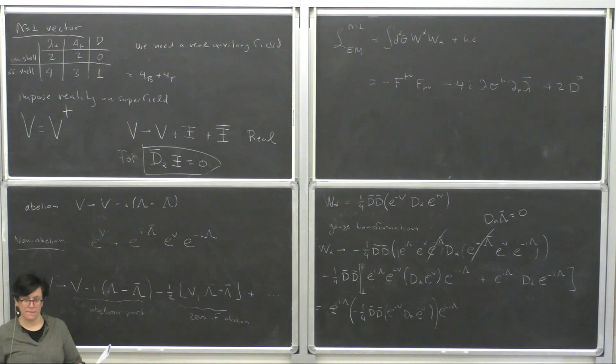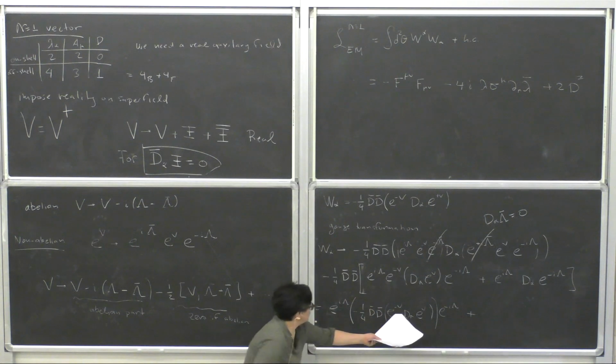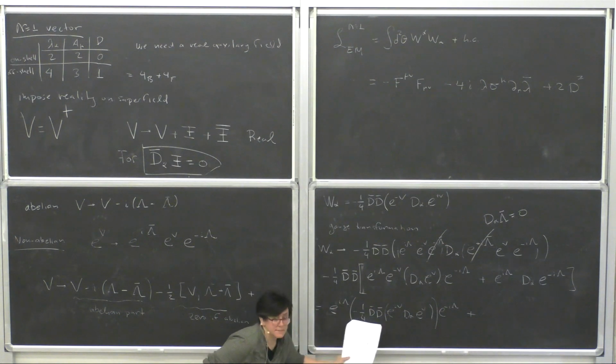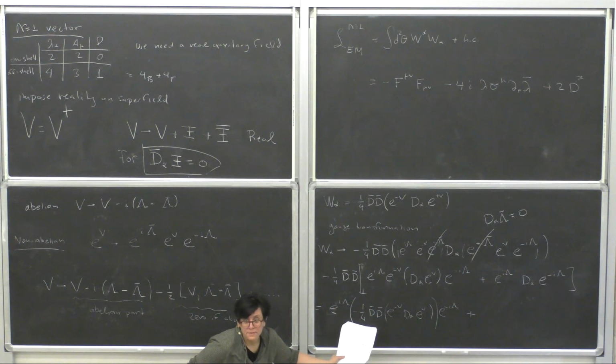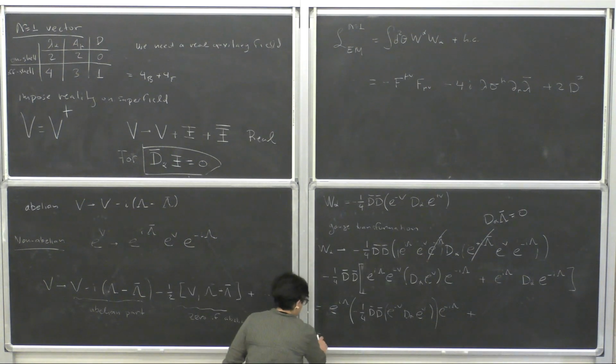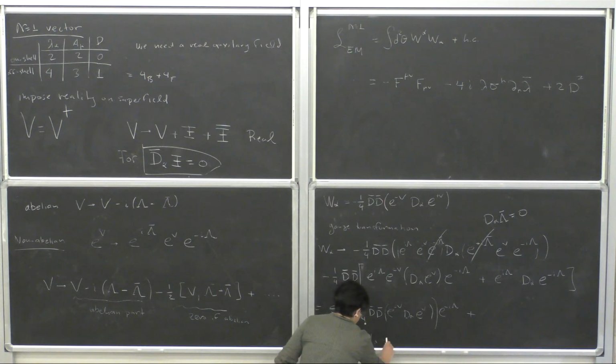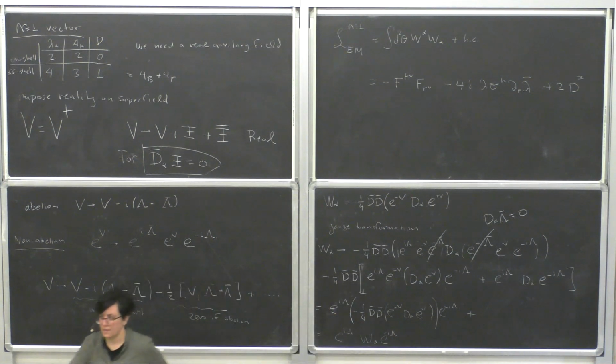Plus, I will say plus. Do you recognize this baby in the parentheses? This is the definition of W alpha. So what I derived here, the first term, is actually precisely a covariant gauge transformation for W alpha. So the rest better be zero, eh?